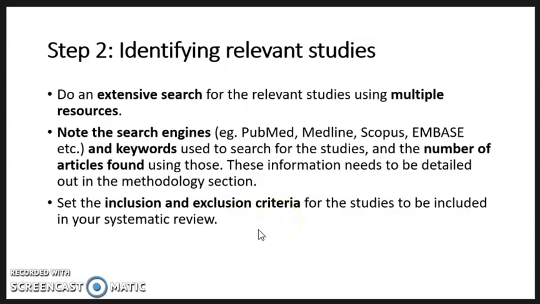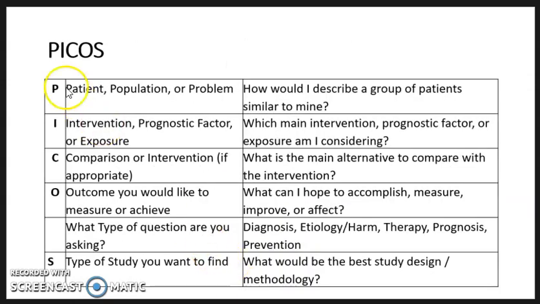And again, when you want to talk about the inclusion exclusion criteria, you might want to look at the PICOS here. Yeah, P is population. So again, as I mentioned just now, population, I want to focus on disease B. Okay, and what are the intervention? I want to focus on treatment A. Yeah, the comparison. So you want to focus on maybe the comparison is only control group, with no intervention, or you accept any other intervention also as the comparison.